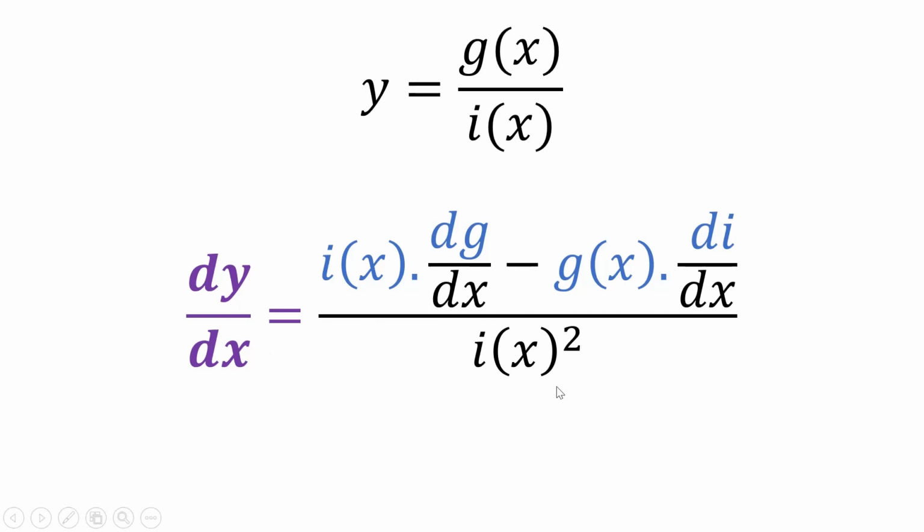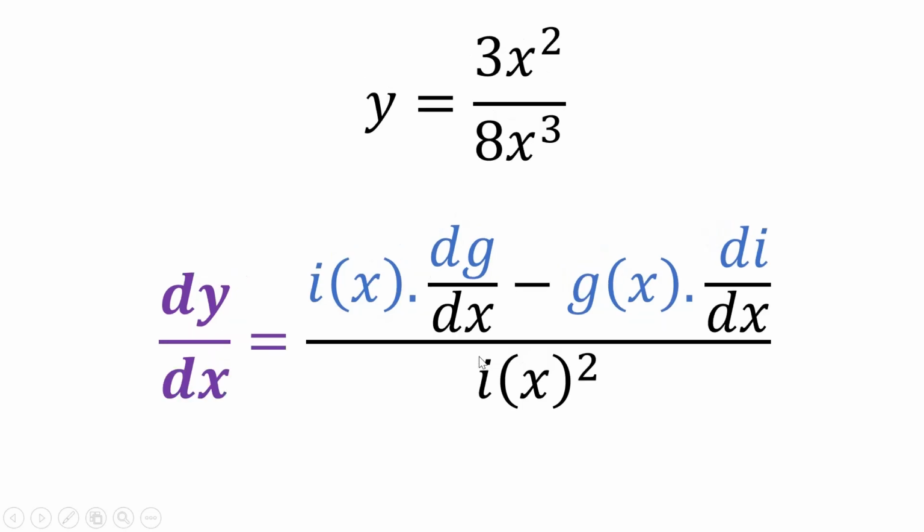We move on to apply this quotient rule to one problem. So we are given y equals 3x squared over 8x cubed. We want to apply the quotient rule. Let me say this. You can simplify this by dividing through by x squared and then applying the power rule.